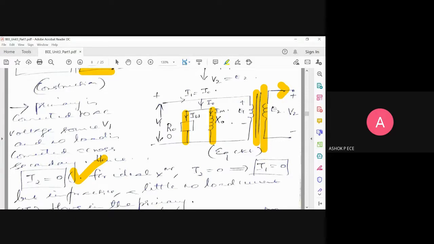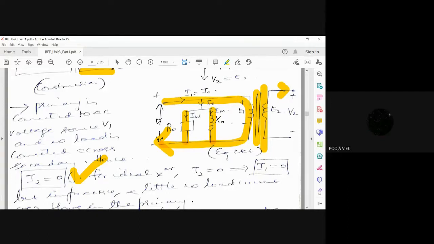And where is this resistance? The resistance is actually a part of the inductor. Ideally, these things will not be there. Practically, these things will come because of the finite amount of primary current flowing through the primary of your transformer. Any doubt in these two currents?